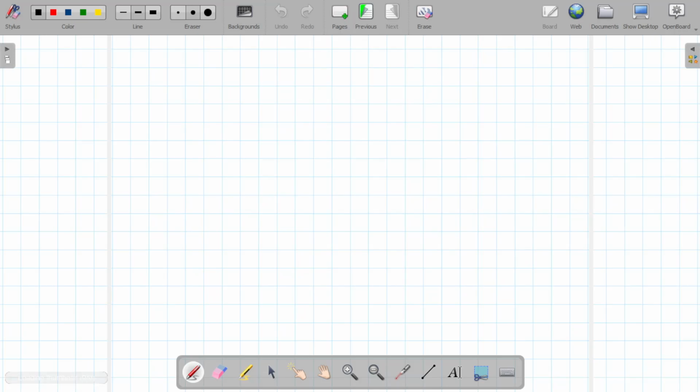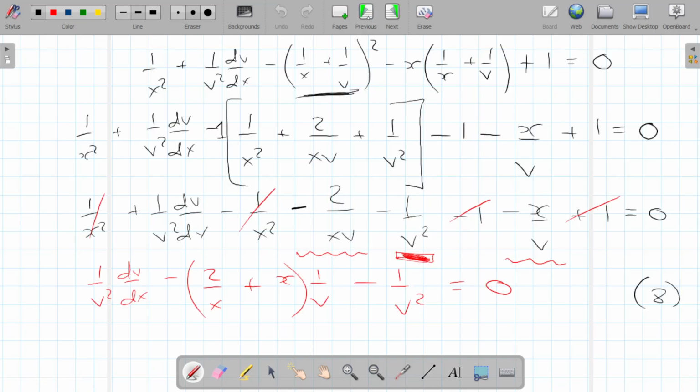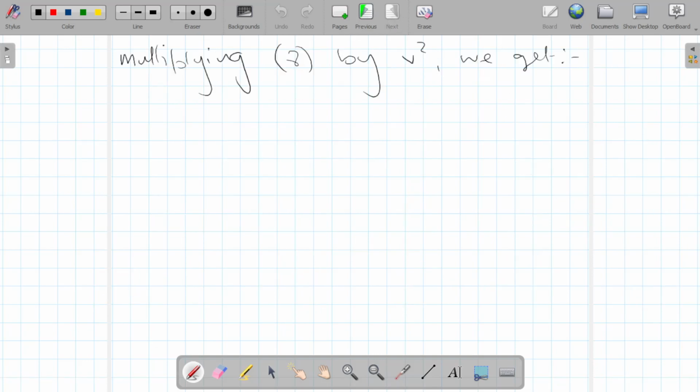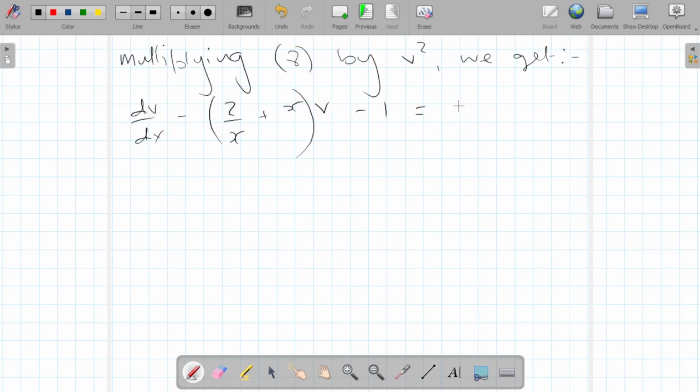If we multiply equation 8 by v squared, we get dv by dx minus 2 over x plus x times v, and then v squared multiplied by minus 1 over v squared is just minus 1, and that's equal to 0.